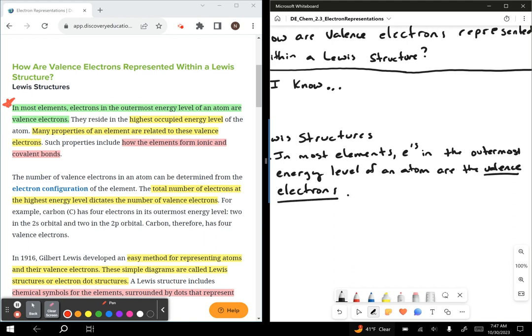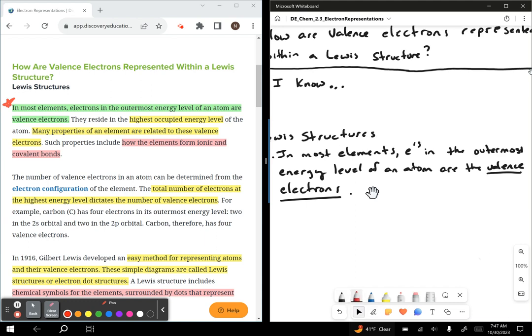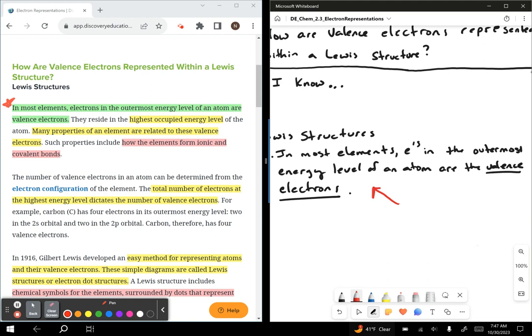Okay, what does that mean? AKA, they reside in the highest occupied energy levels. Okay. They occupy the highest energy level. Right?